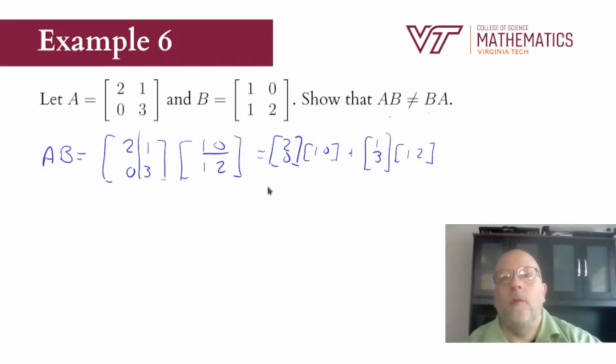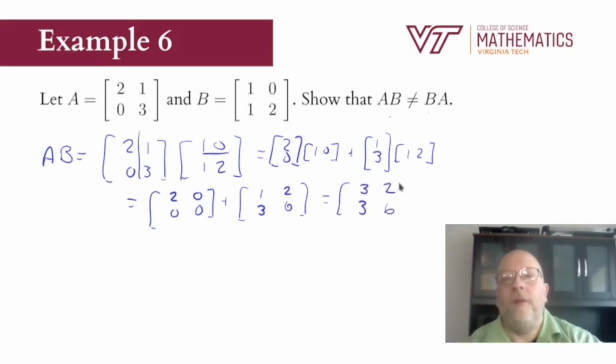So 2, 0 times 1 is 2, 0. 2, 0 times 0 is 0, 0. 1, 3 times 1 is 1, 3. 1, 3 times 2 is 2, 6. And when we add these two results together, we get 3, 2, 3, 6.